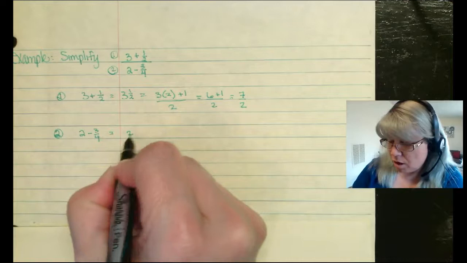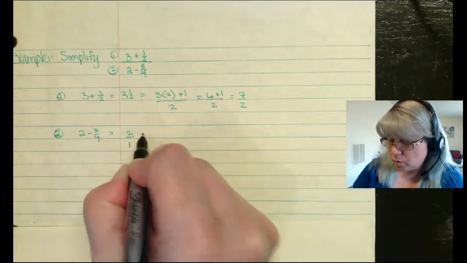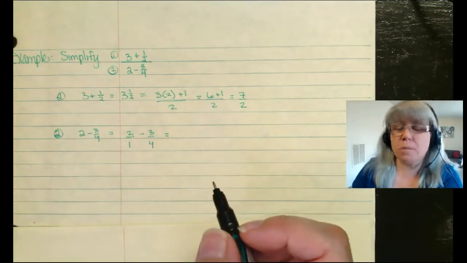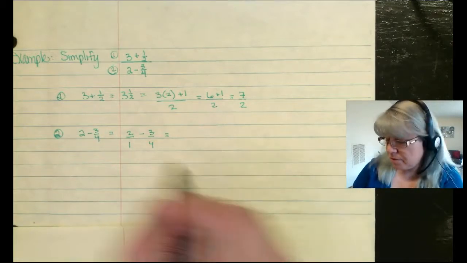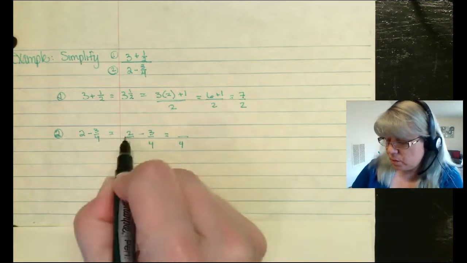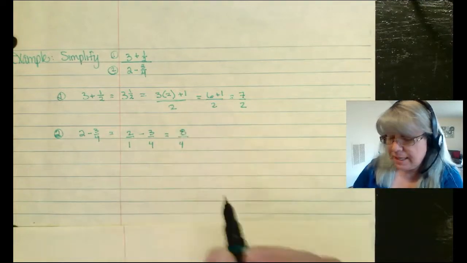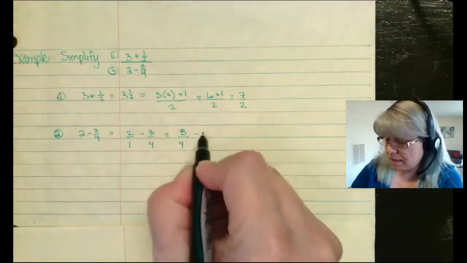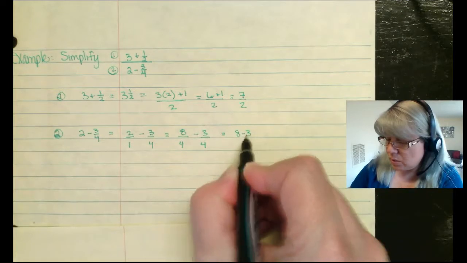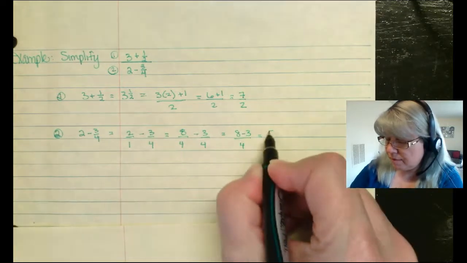So let's find common denominator, because it's really 2 over 1 minus 3/4. My common denominator is going to be a 4. So 1 times 4 will get me 4. Therefore, 2 times 4 is an 8 minus 3/4. And 8 minus 3 all over 4 will be 5/4.